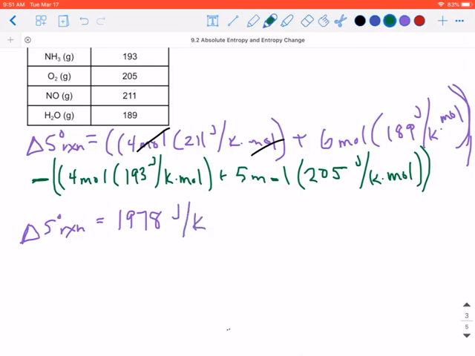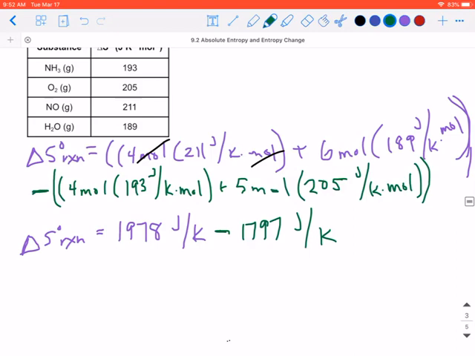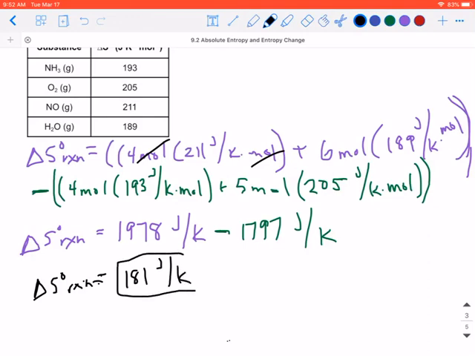And then minus the sum that I got for my reactants, which is 1797 joules per Kelvin. So the change in the standard entropy of this reaction is going to be a positive 181 joules per Kelvin. So our prediction above was correct.